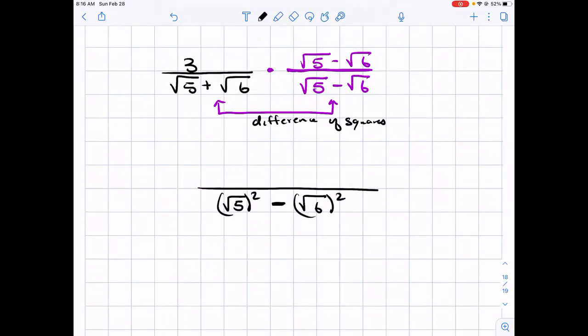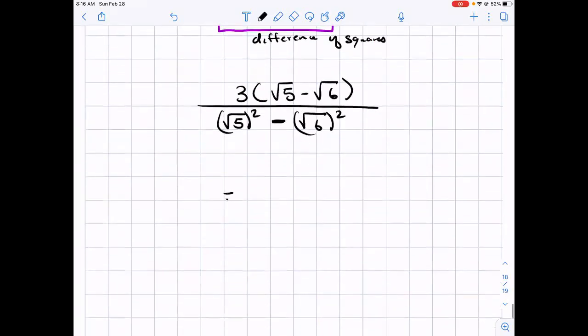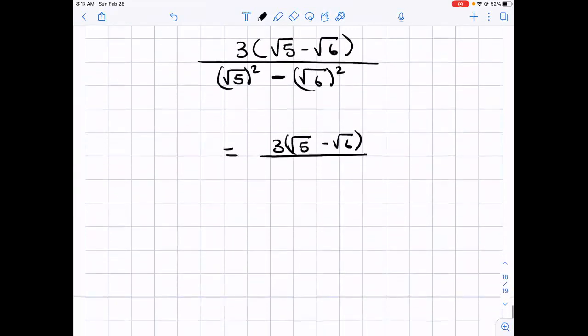In the numerator, we'll just write 3 times the square root of 5 minus the square root of 6. I don't multiply it at the top because, like I said, sometimes they will be simplified, so I leave the multiplication for the simplification. So this will become 5, and this will become 6.